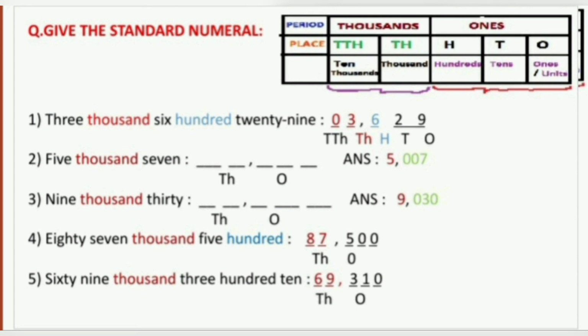Before that you can write the period as given in the question, thousands. Only two periods, that is ones and thousands. You need to take care that in ones period you have to write 3 digits. And before the comma, in the thousands period, you have to write 2 digits. It may come as 1 digit; you just need to read the number and write the numeral for the same.